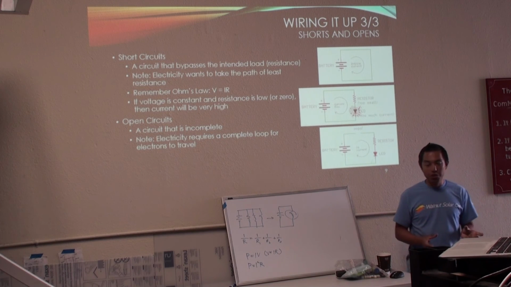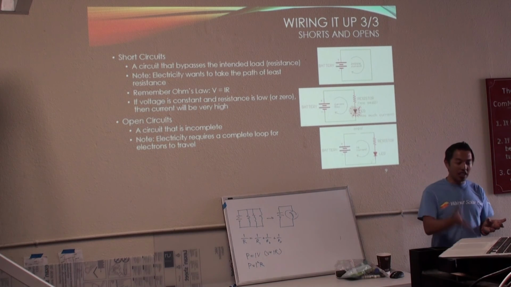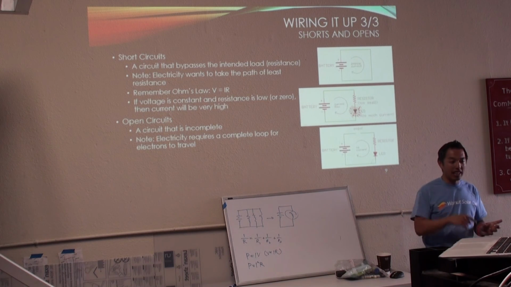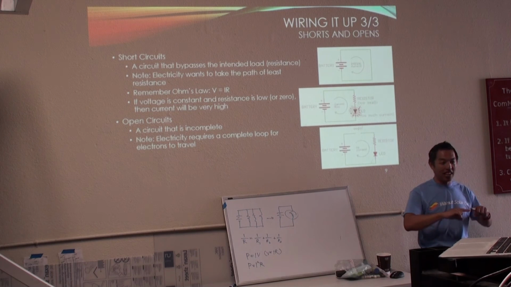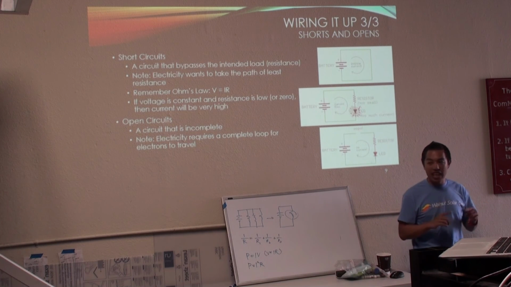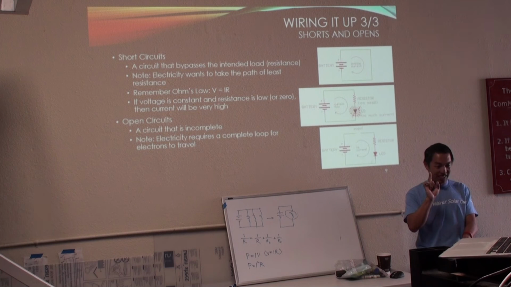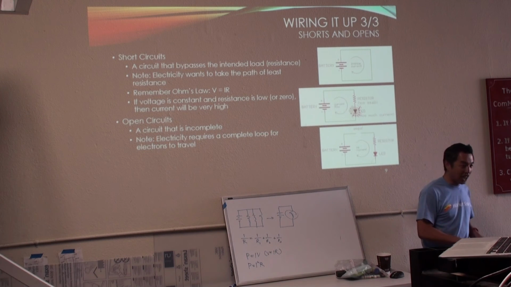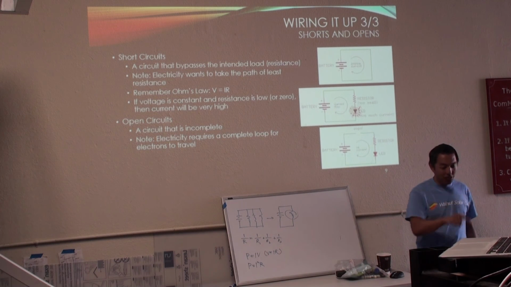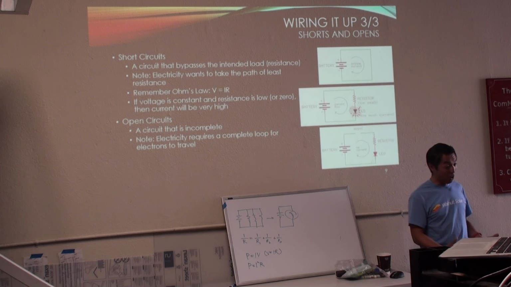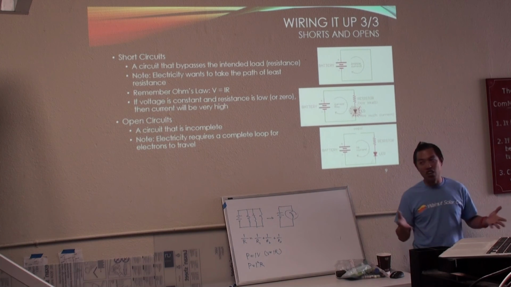Because a fuse is intended to cut the circuit, to make a short circuit an open circuit, so that there's nothing connected, right? If you treat a fuse as an automatic switch, if I pop that switch open, there's no more circuit, right? So what a fuse does is, if it detects a certain amount of current running through it, it will blow, and then it will no longer have a circuit.